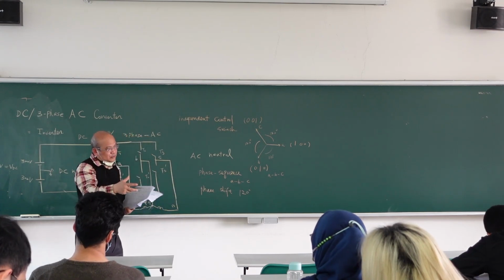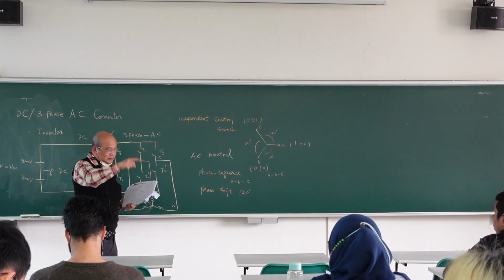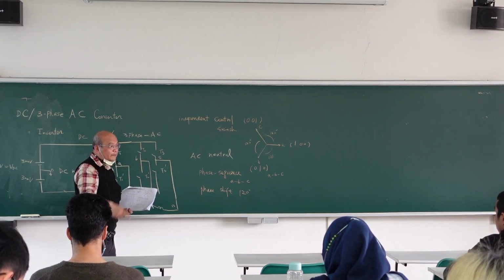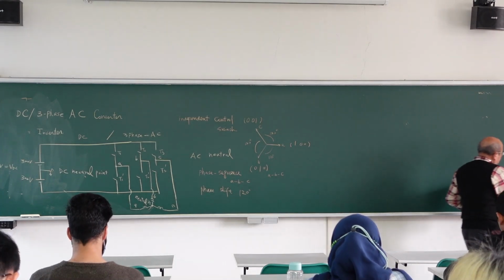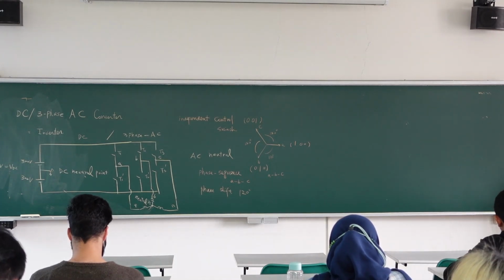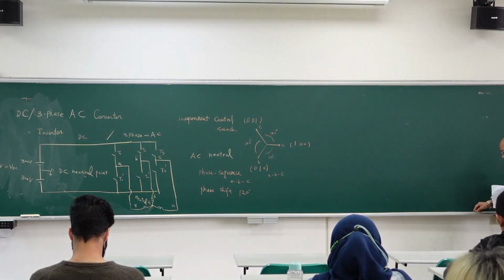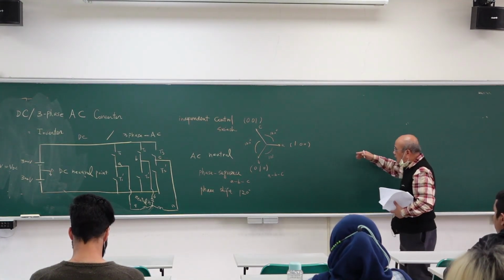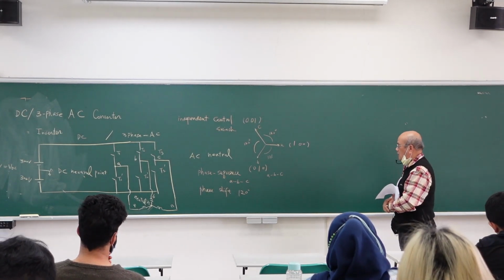If you randomly control, then the motor just gets stuck and doesn't move. So you have to follow the fundamental rule. Otherwise, you cannot make the motor run smoothly. So then, if you go this way, then it is okay. The motor will rotate.